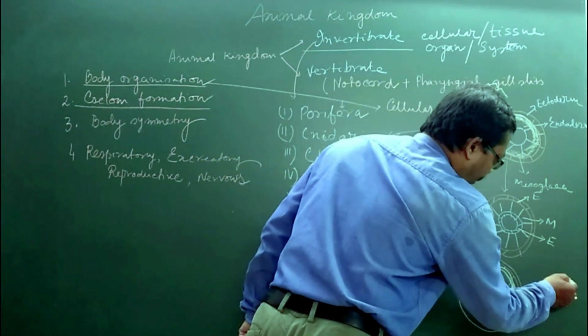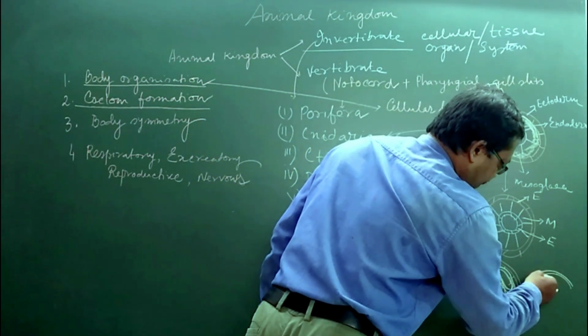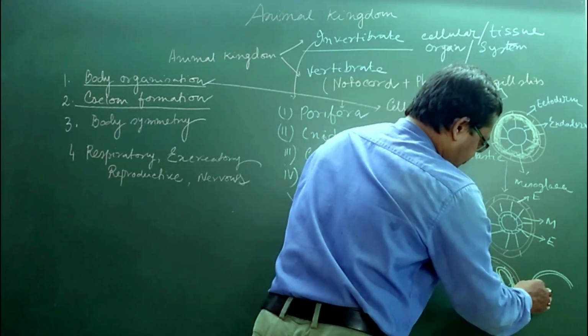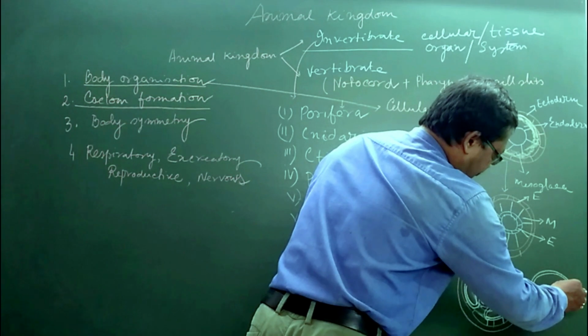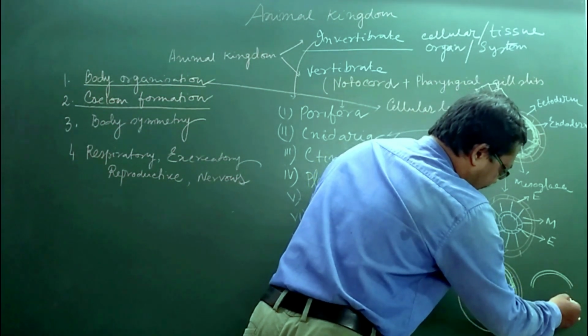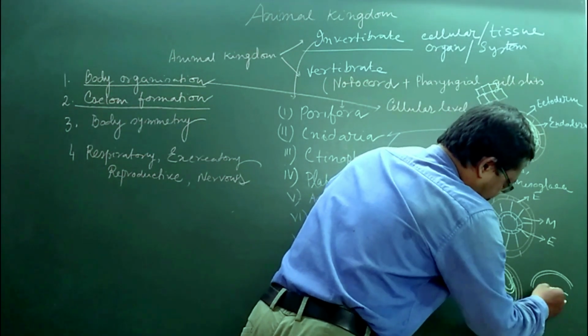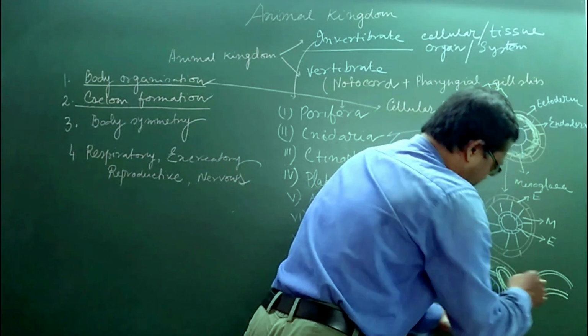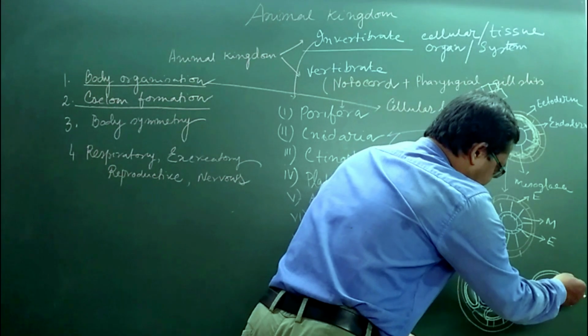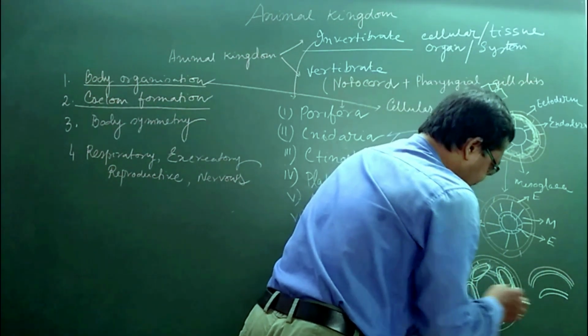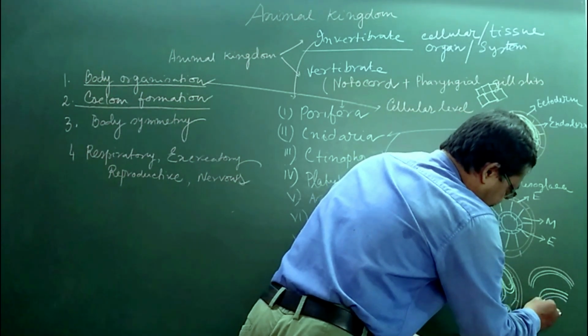That is the one layer. This is called the outer mesodermal layer and the inner mesodermal layer. The outer layer is ectoderm and the inner layer is endoderm.